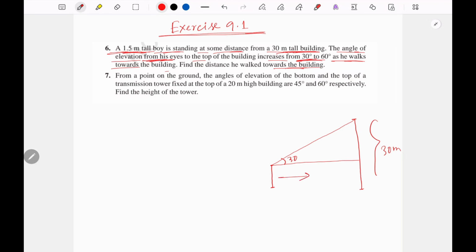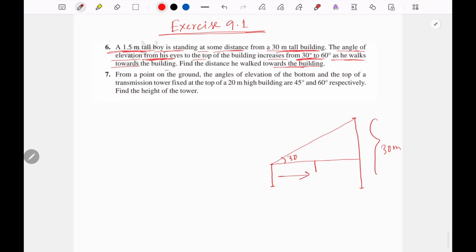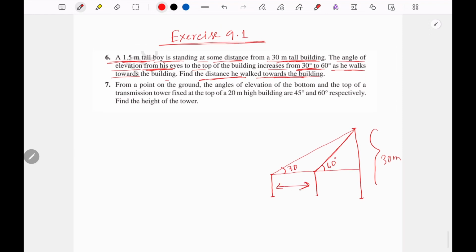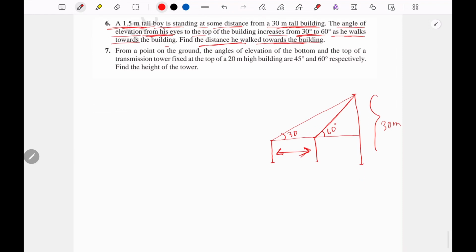Suppose the boy reaches here, so now the angle of elevation is 60 degree. So we need to find the distance he walked towards the building. So this is our figure.